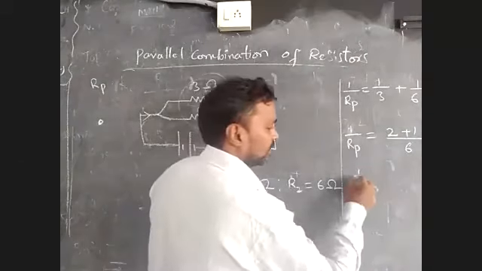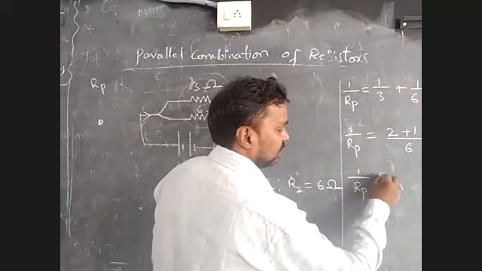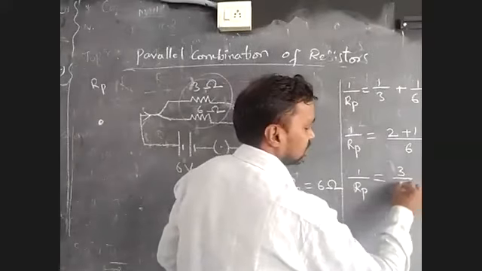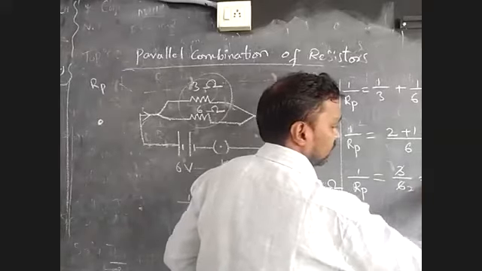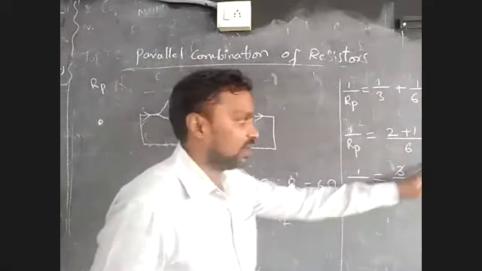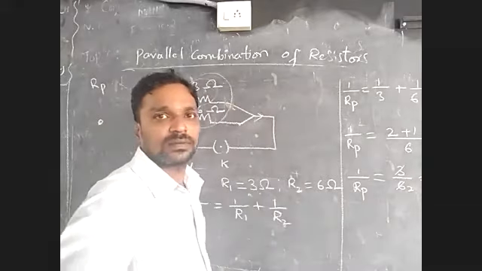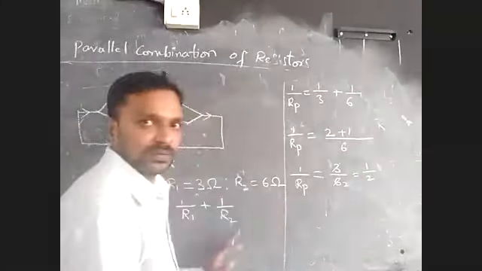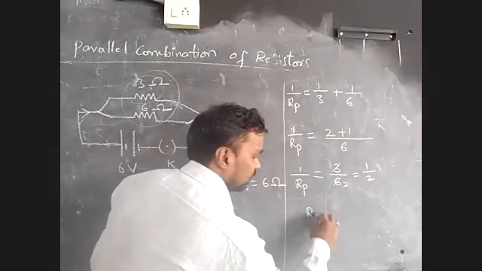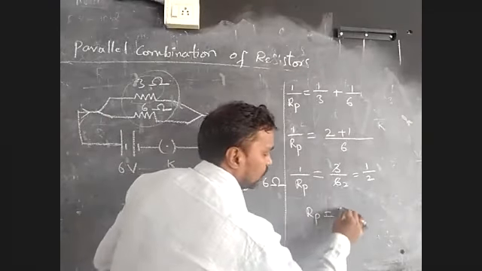So 1 by Rp is equal to 3 by 6. Cancel: 3 ones are 3, 3 twos are 6. That is equal to 1 by 2. 1 by Rp is equal to 1 by 2. Therefore Rp is equal to 2 ohm.